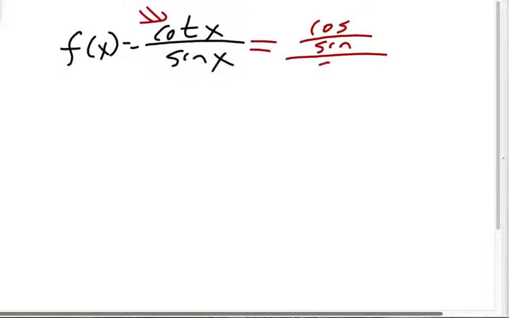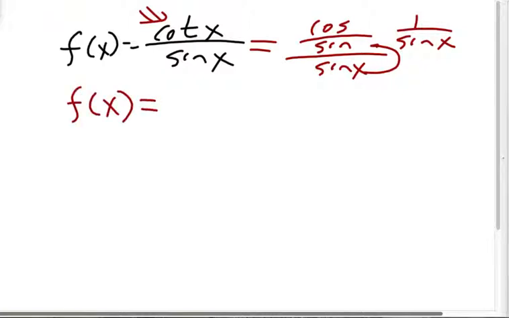So we clear this out. It's the same as multiplying by 1 over sine of x. So my new function, and it's the same function, looks like cosine of x over sine squared of x.